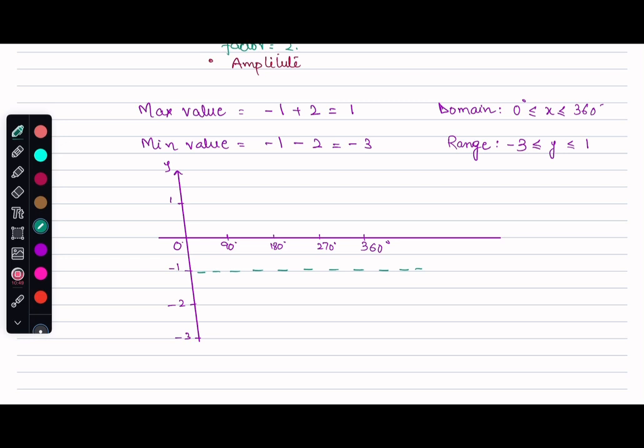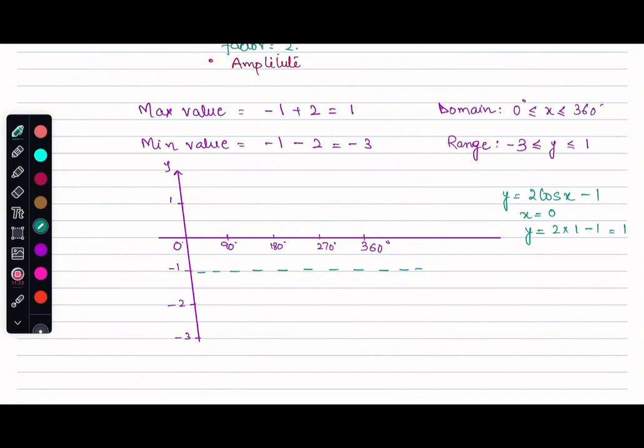We have the maximum value, which is 1. So when my cosine function is at 0 degrees, I should know the maximum value for the equation y equals 2 cos of x minus 1. Therefore, if my x value is 0, y equals 2 times cos of 0, which gives me a 1, and then minus 1, and my answer is 0... so y equals 1 here.